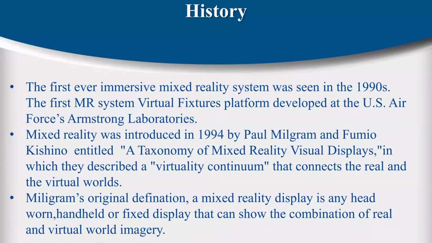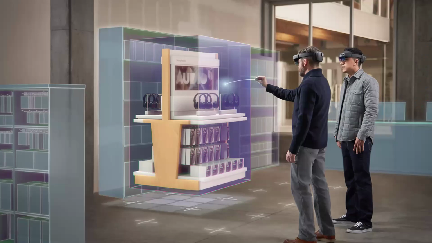Now, the first ever mixed reality headset was built way back in the 1990s, developed by the US Air Force. And in 1994, they also opened it to the public for mixed reality virtual displays, and they called it the virtual continuum. Now, you can imagine this kind of virtual try-on.